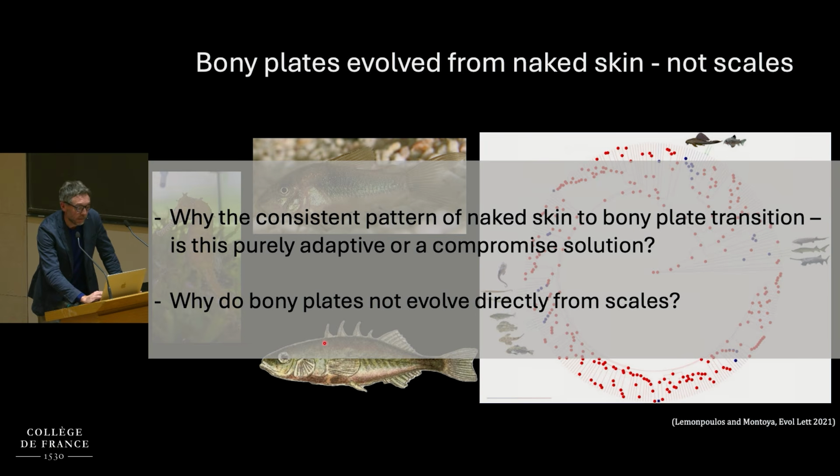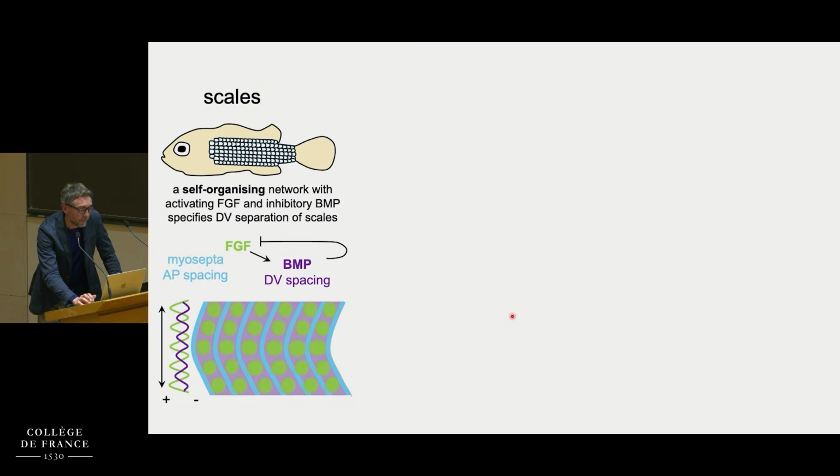And why would bony plates not evolve directly from scales? We can actually produce bony plates by treating a normally scaled fish with a signal transduction pathway inhibitor. Why does this not happen in nature during evolution?